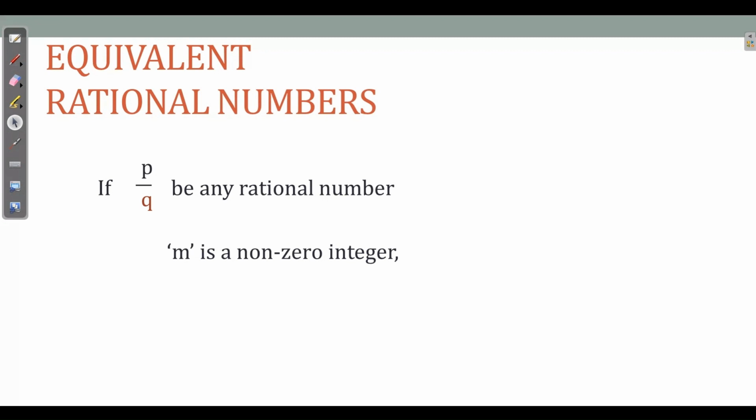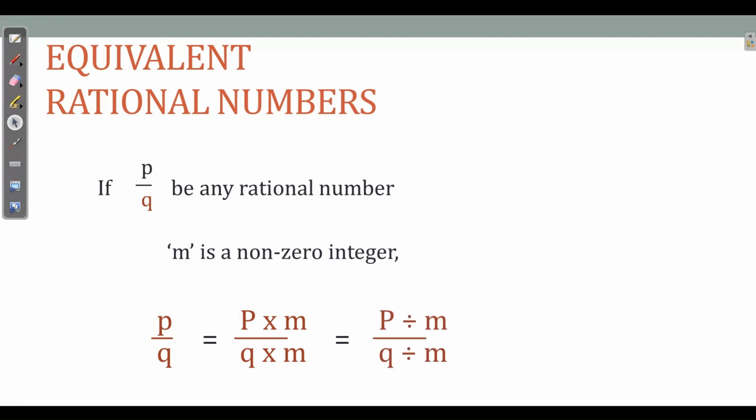We will either multiply both the numerator and denominator of p by q with the same integer, that is p into m by q into m, or we can divide both the numerator and denominator by the same integer, p divided by m and q divided by m.